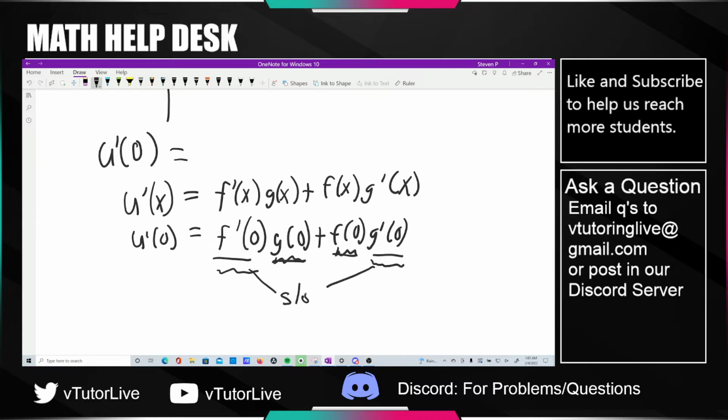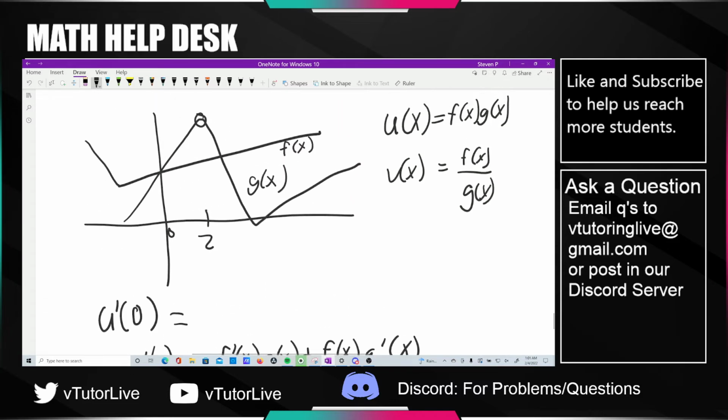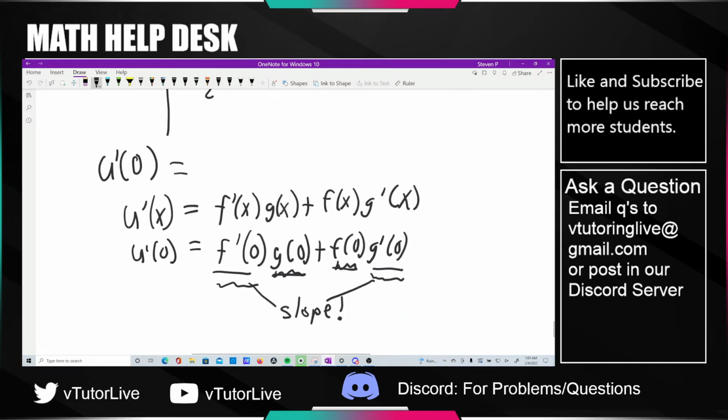But remind yourself, these are just the slope. The derivative of a function that's differentiable at a point is just the slope at that point. So go to the point of interest, tell me what the slopes are, and then plug that right in.